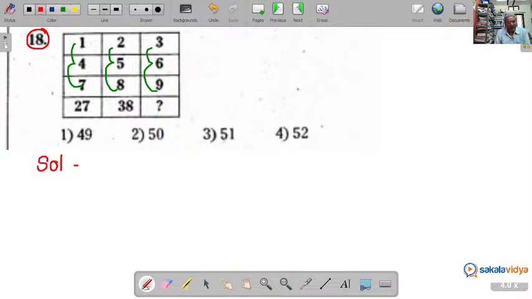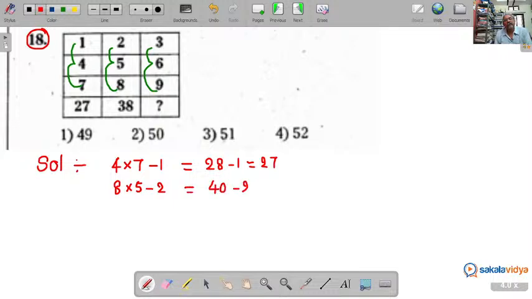Now the pattern has actually been figured out, so that we can find out the answer here. 4 into 7 minus 1, 28 minus 1, yes, 27. And next in the similar pattern, 8 fives are 40, 40 minus 2 is equal to 38.